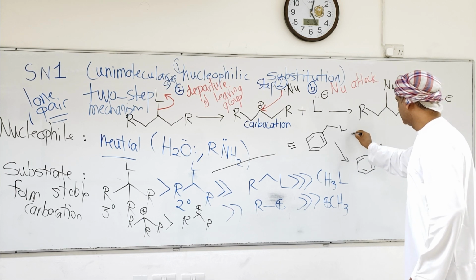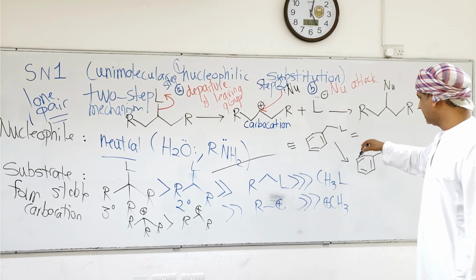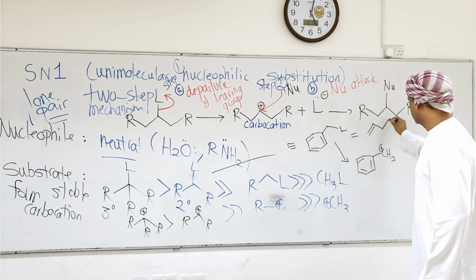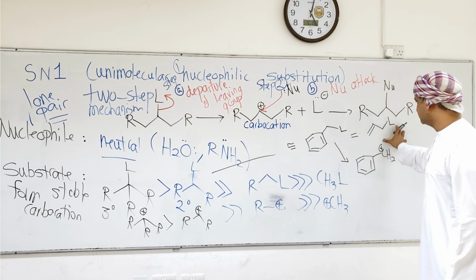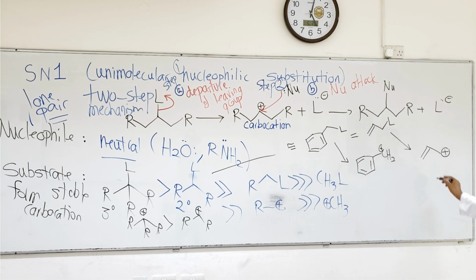And also, this will be, although it's a little bit more reactive, but similar in a way to the allylic substrate. So this is an allylic substrate, and this allylic substrate will lead to the allylic cation. So this is the allylic cation. We should label them.